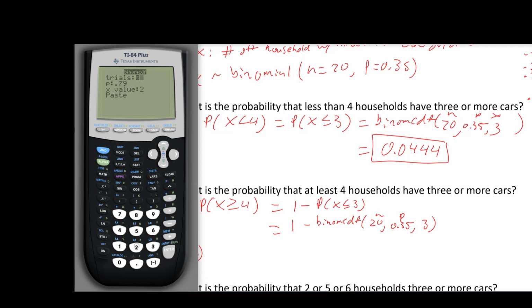You have n is 20, p is 0.35, x is 3. We're going to paste that on. If I just do second to the left, you'll see that there's a 1 minus in front, second to the right. And let's just press enter. And then you'll get this answer, 0.9556.